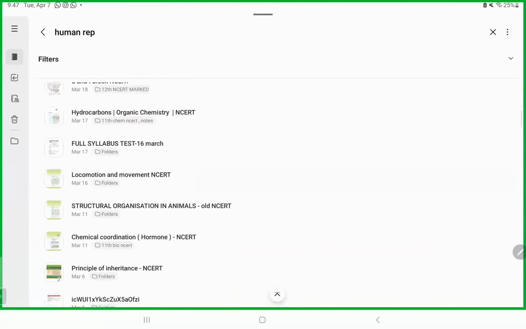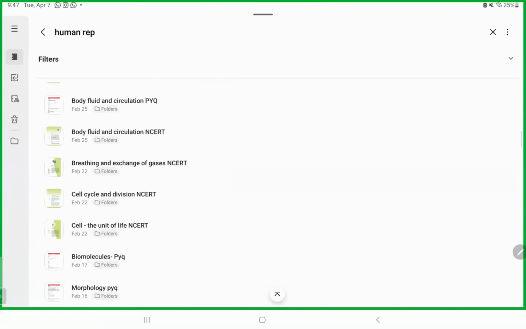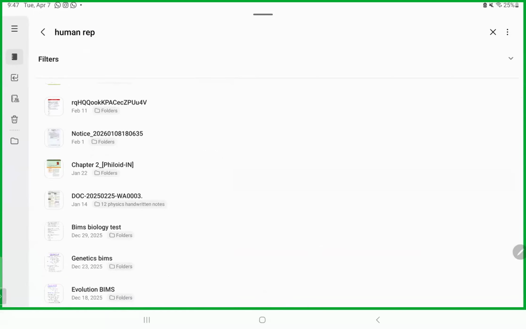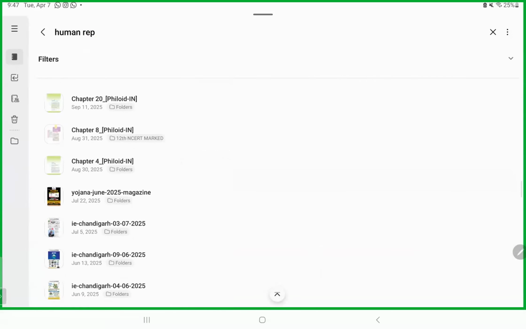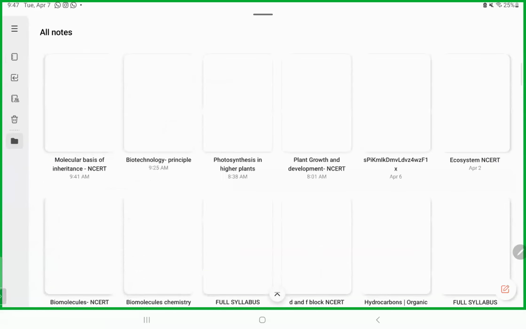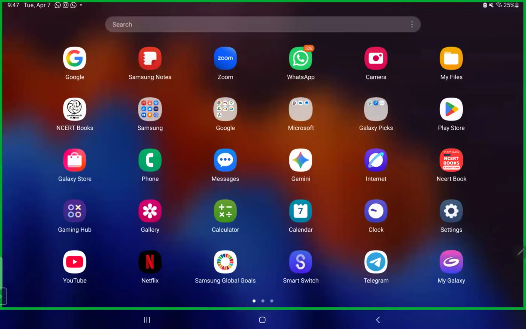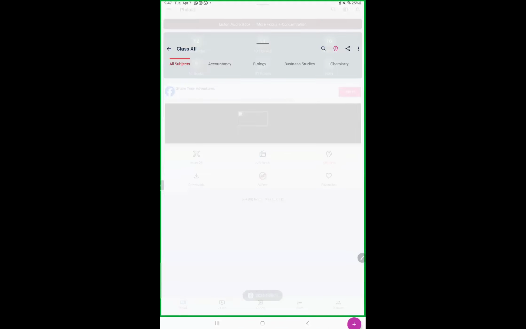Where is the principle of inheritance? Where is this chapter? Sexual reproduction in flowering plants. I'll be back in 2 minutes. Okay, Jordan. So I will open the new NCERT.